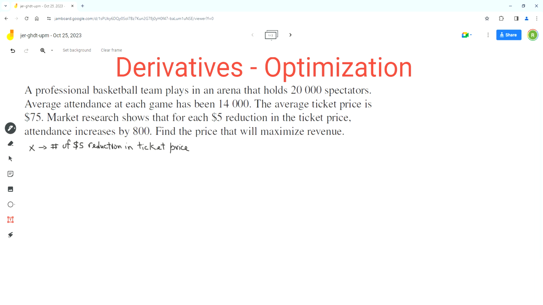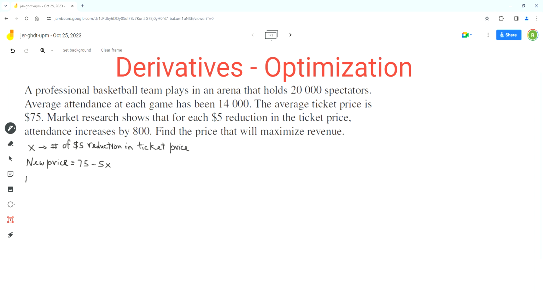So x can be 1, 2, 3 or any whole number. Now we have to find the new ticket price. The expression for the new price will be, since it's a reduction, 75 minus 5x, because the ticket price is being reduced by $5, x number of times.